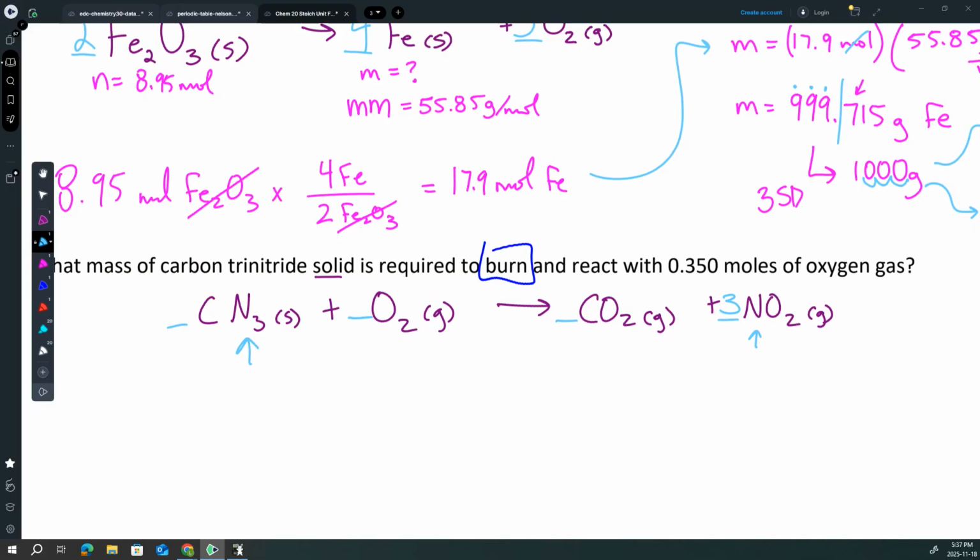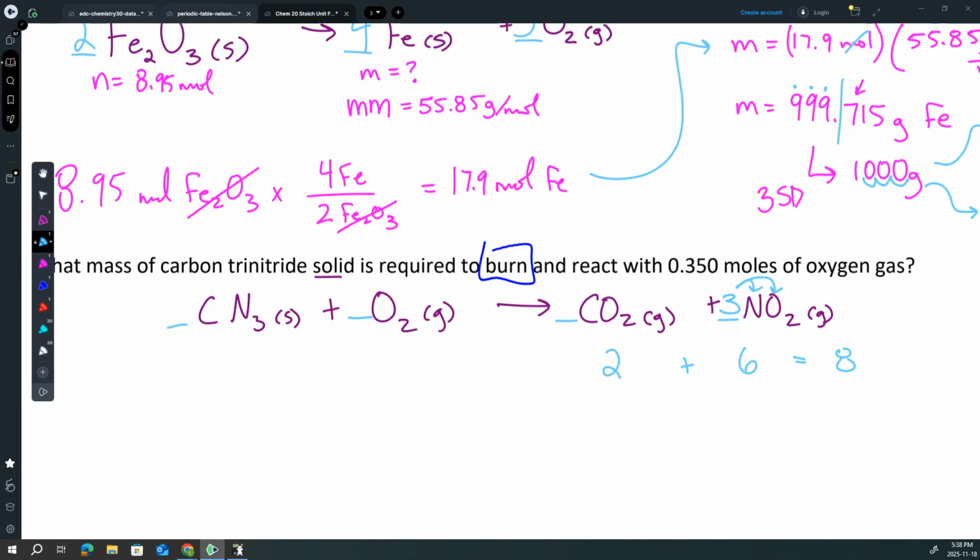So that 3 didn't just affect the nitrogen, it also affected the oxygen. All right, so for the product side, we have 2 oxygens coming from carbon dioxide, and we have 3 times 2, so 6, coming from nitrogen dioxide. So in total, that's 8.